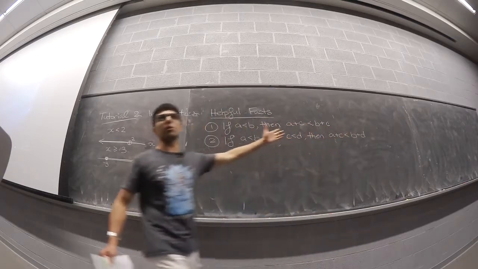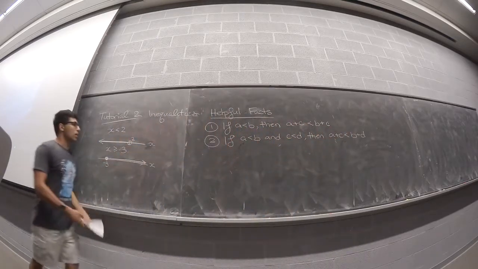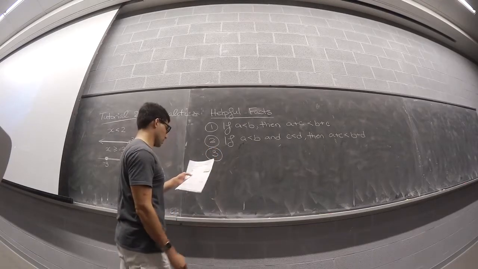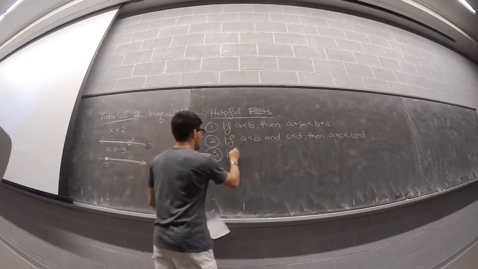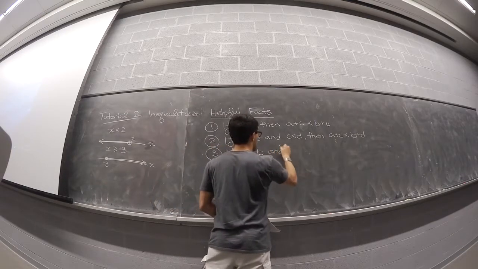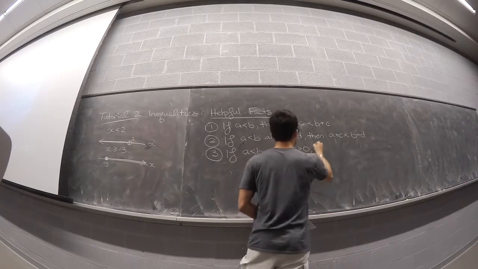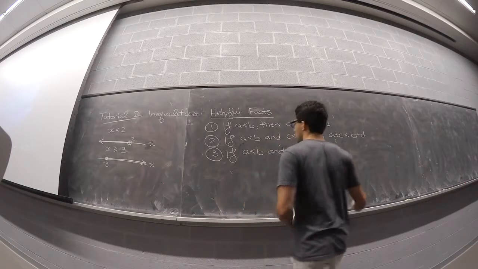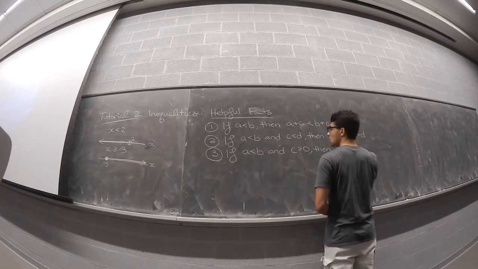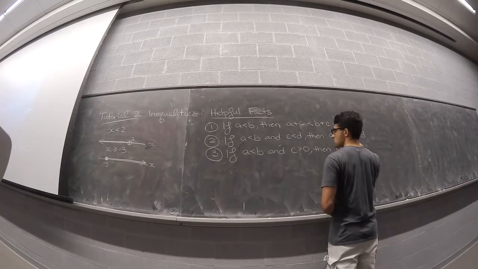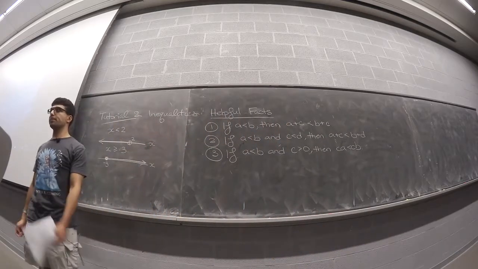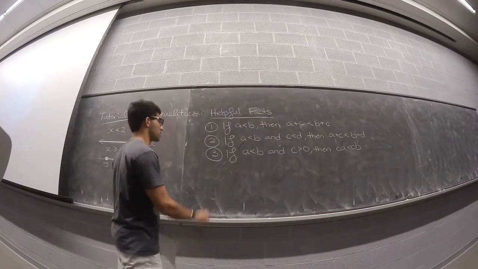So this tells you that you can add inequalities. Okay? Number 3. If A is less than B and C is positive, then we can multiply both sides by C and still have everything be the same. So you can multiply both sides by a positive number.